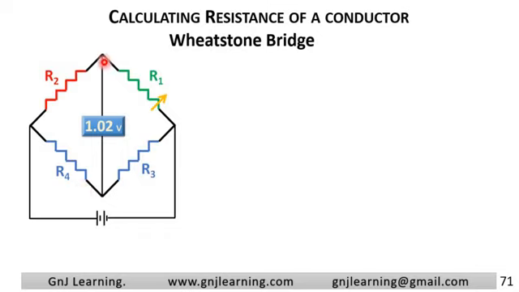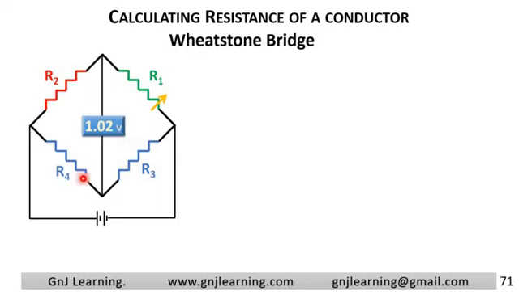And these two series connections are connected by a wire to know the potential difference between them. A device here senses the potential difference between these two series connections, and at the moment the voltage difference shown is 1.02 volt.